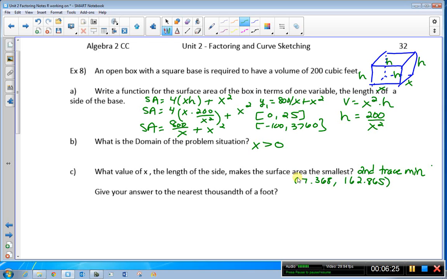So find the value of x that makes the surface area minimal. So this is x, and this is the minimum surface area. So the answer would be x is approximately equal to 7.368, and this would be feet.